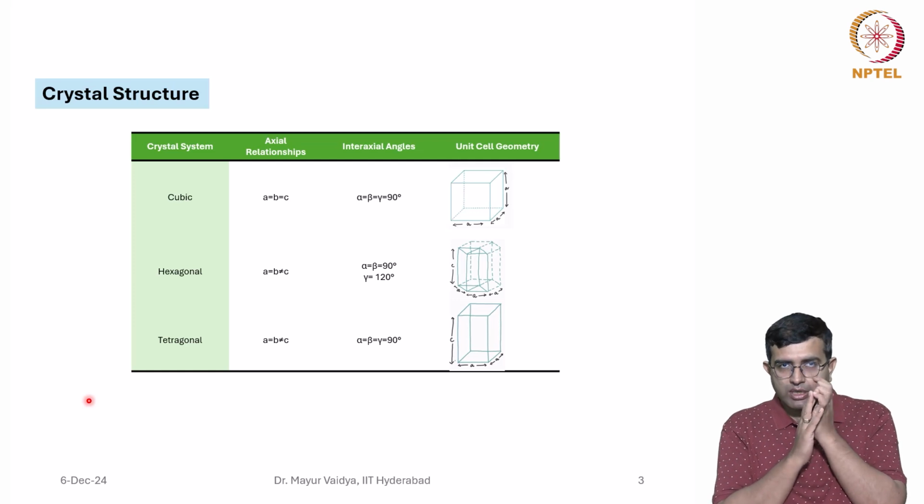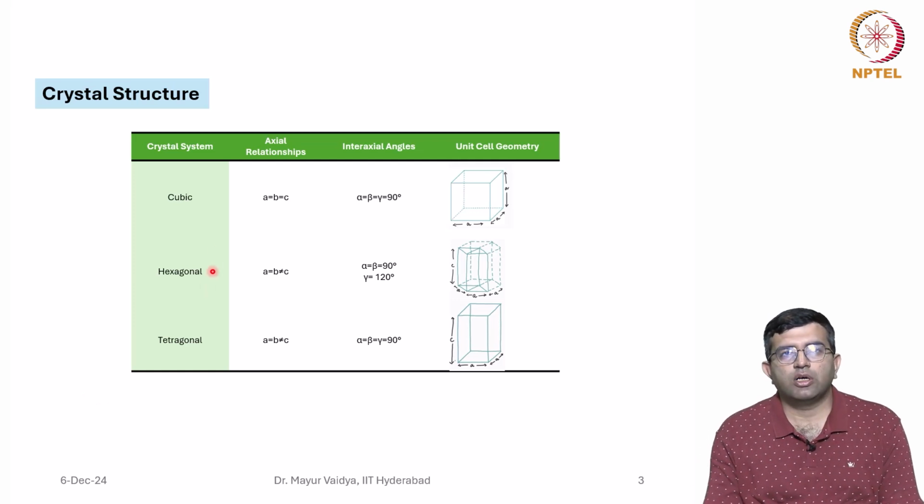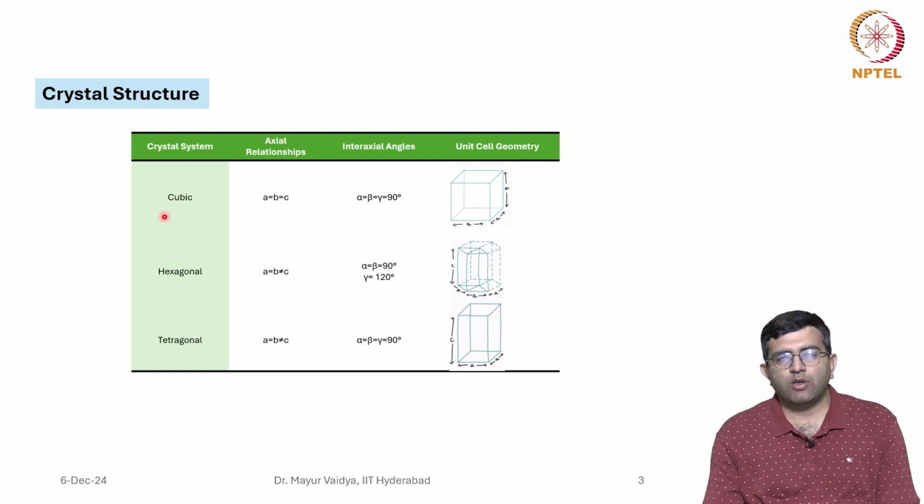There are 7 crystal systems which are usually defined: cubic, hexagonal, tetragonal, and so on. Whenever you are defining a crystal system, you read two important relationships: how the lattice parameters are related to each other, and how the angles are in each of the crystal systems.